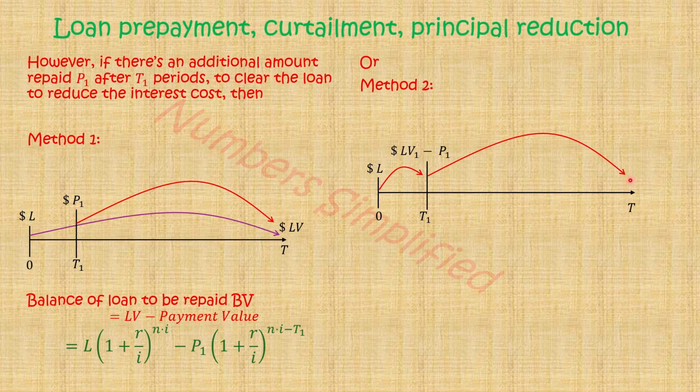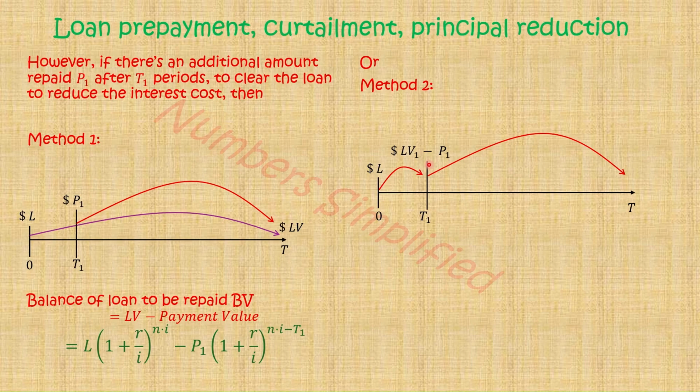Therefore, the balance of the loan to be repaid, BV, is going to be LV1, that is to say, the value of the loan at time T1, minus the payment that we made at T1, because that is the value of the loan at T1. So we subtract at T1, and we get the value of the loan that is left, or the balance of the loan.